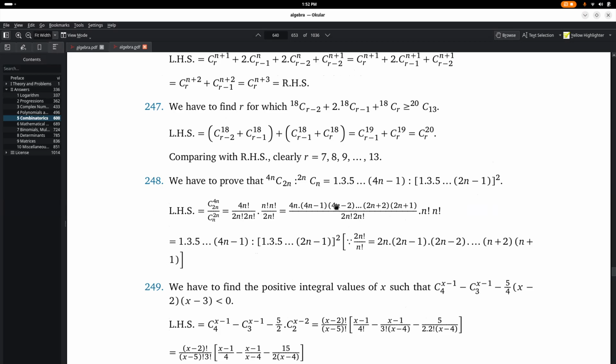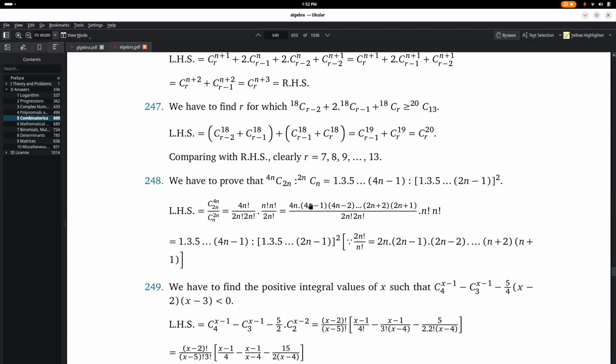Once we have this, we have this. Now if we take the terms of 2n minus 1, even terms, they will get cancelled by this, and whatever will be the remainder will get cancelled by n factorial, because we see that 2n factorial is equal to 2n into 2n minus 1 up to n plus 1.